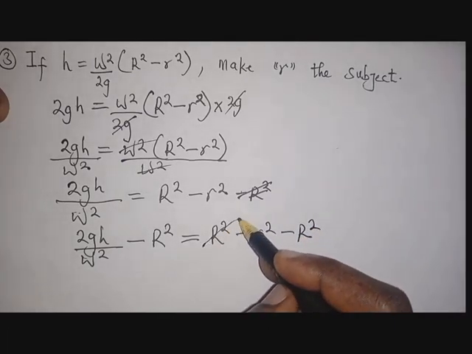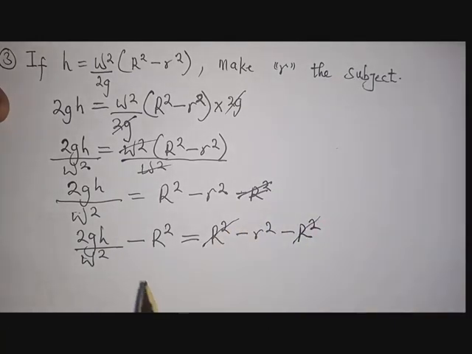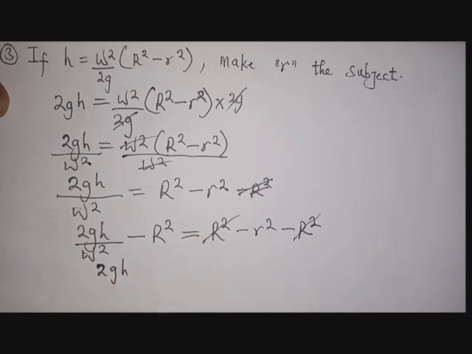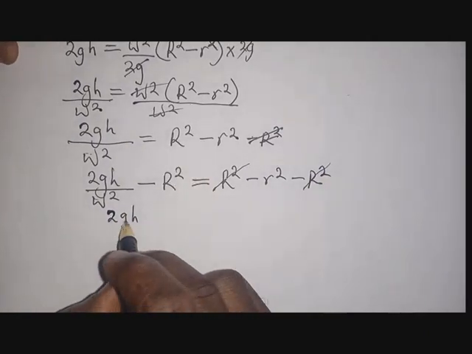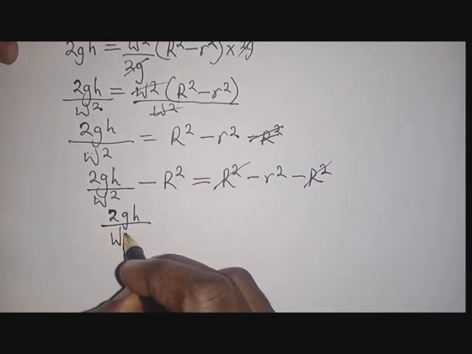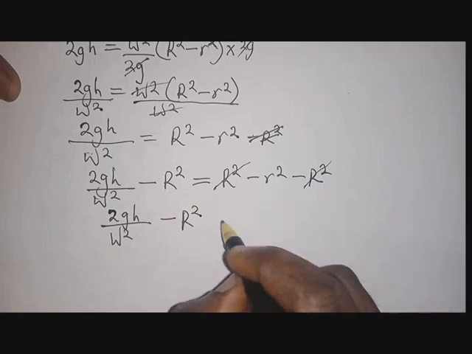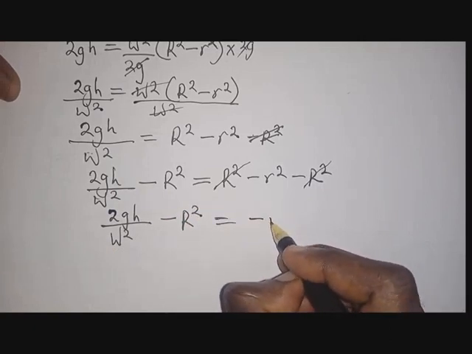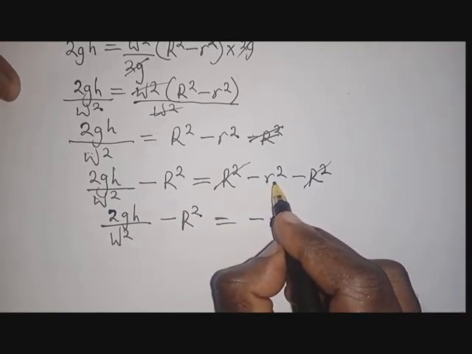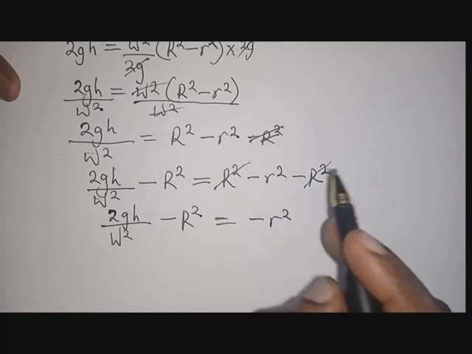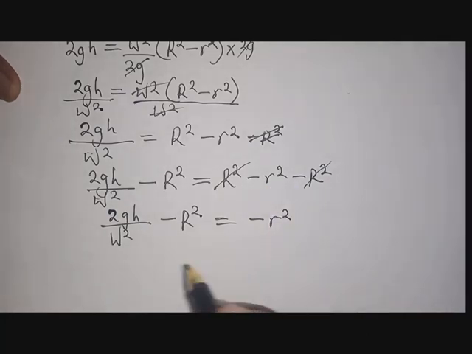So you see, these two would cancel out each other. And then I'm going to be left with 2gh over w squared minus R squared equals minus r squared, because this small letter r squared is a negative term.